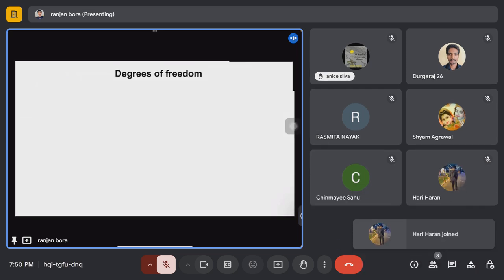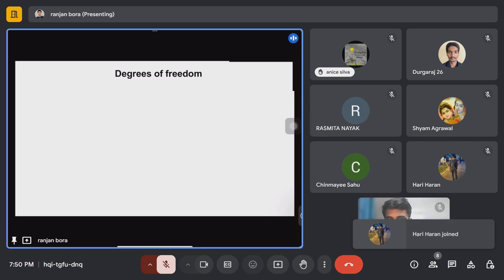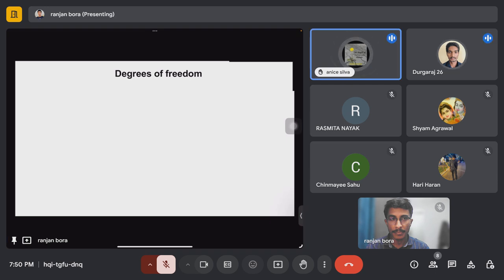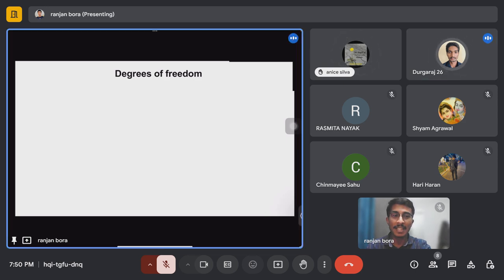Now I will cover some concepts from week 2. In week 2, there is the concept of degrees of freedom. Does anyone know what degrees of freedom is? In statistics, when we do a t-test, we subtract one from the total sample.